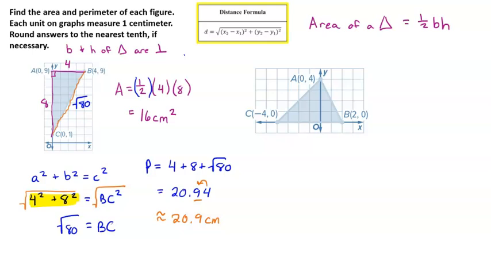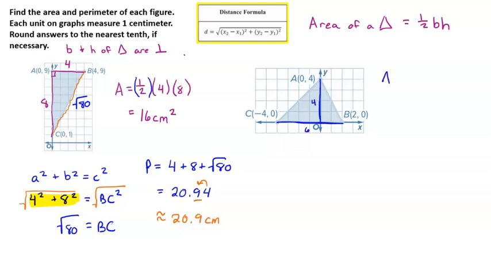So with this one, the height is here, and we can see that our height is 4, and then we've got this going all the way across, and so our base for this triangle is going to be 6.